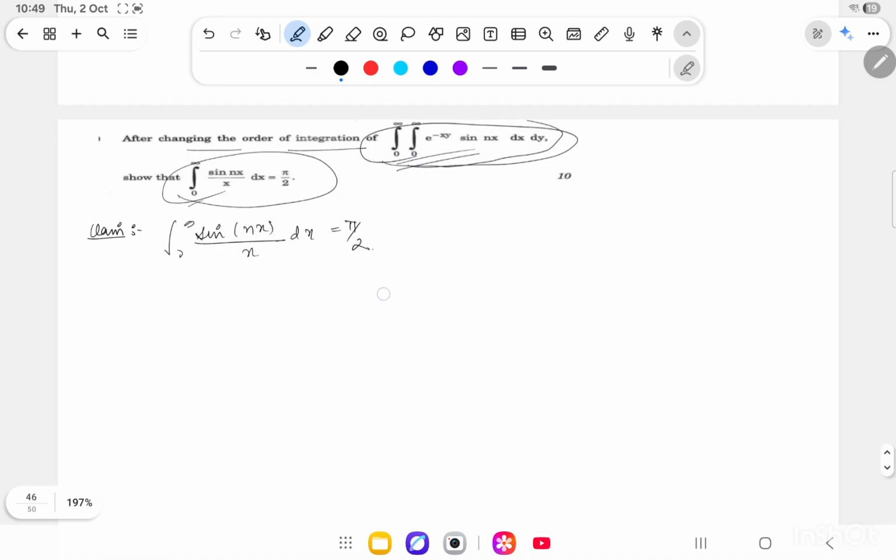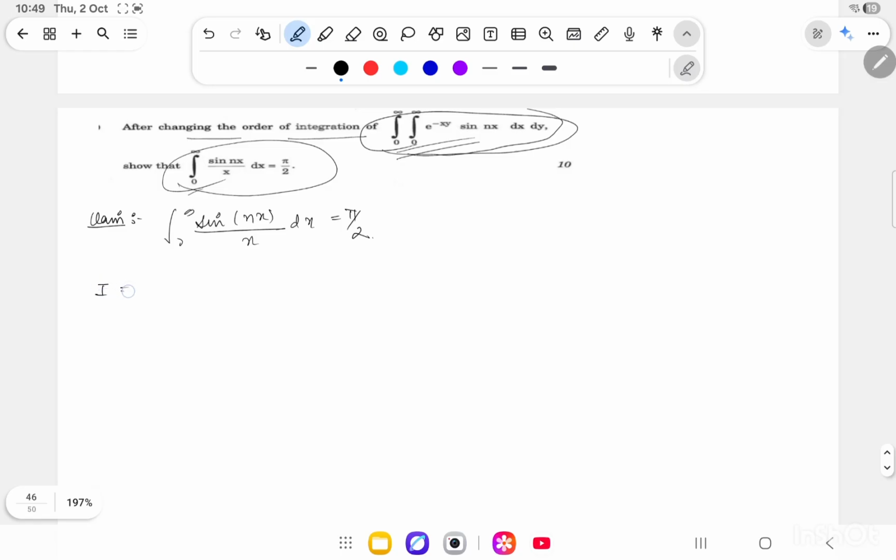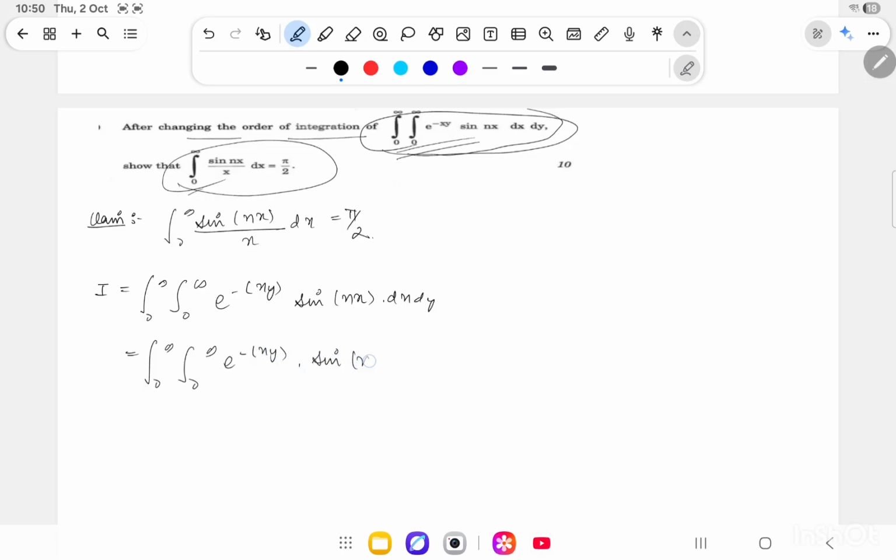So the given integration is the integral from 0 to infinity of e raised to minus xy into sine nx dx dy. Now after changing its order, it will be equal to the integration from 0 to infinity of e raised to minus xy into sine nx dy dx.